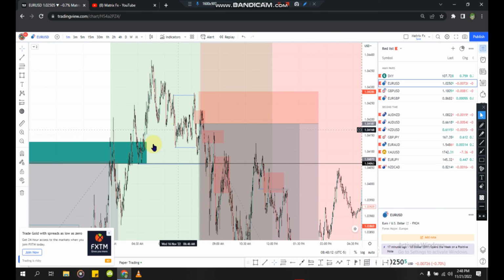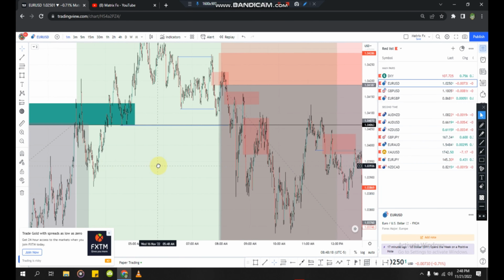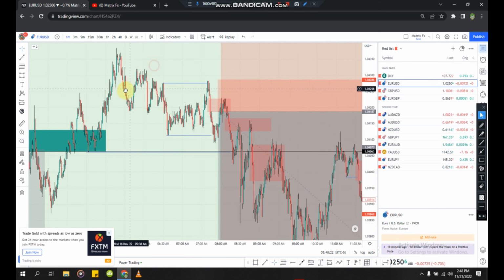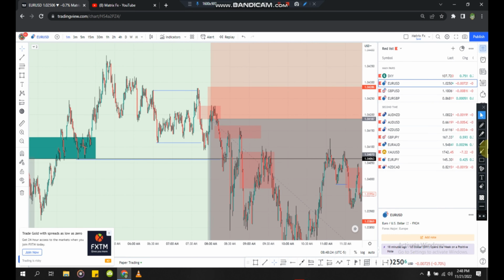Obviously you can see that this was the actual level I was waiting for, but the market traded through that level. If you go into a lower time frame, you would think this has formed an entry for you. That's why I said you need to confirm and wait for the entry. You need to wait for the fair value gap also. If you notice the move from here to here, there's no real good fair value gap to sell from.